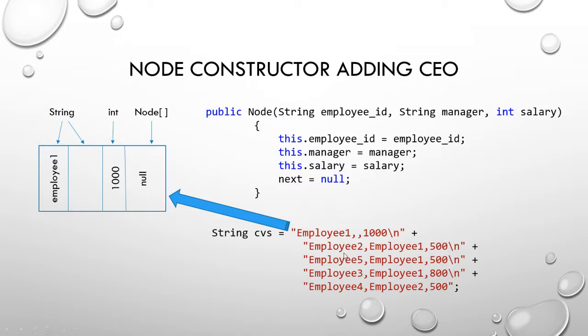So you have employee 1 over here to be set over here. Manager is now empty. Salary over here. Then null, as you can see here. So that null will also play a crucial role because we have not attached anything. So the node array is null for now.